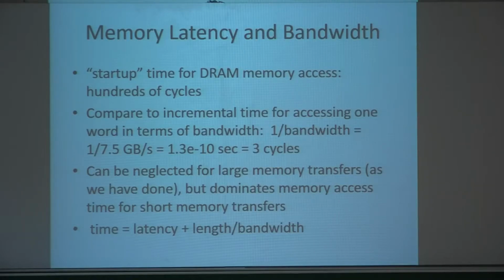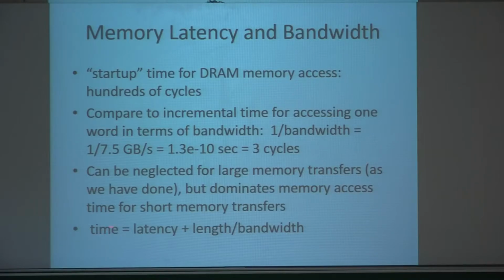But if you want to read additional words, then that's going to be related to the bandwidth. So it might take 3 cycles to read additional words. So you want to read data, for instance, in contiguous chunks to reduce the average time for reading these words. So you want to read them in large chunks, or we refer to them as large memory transfers.